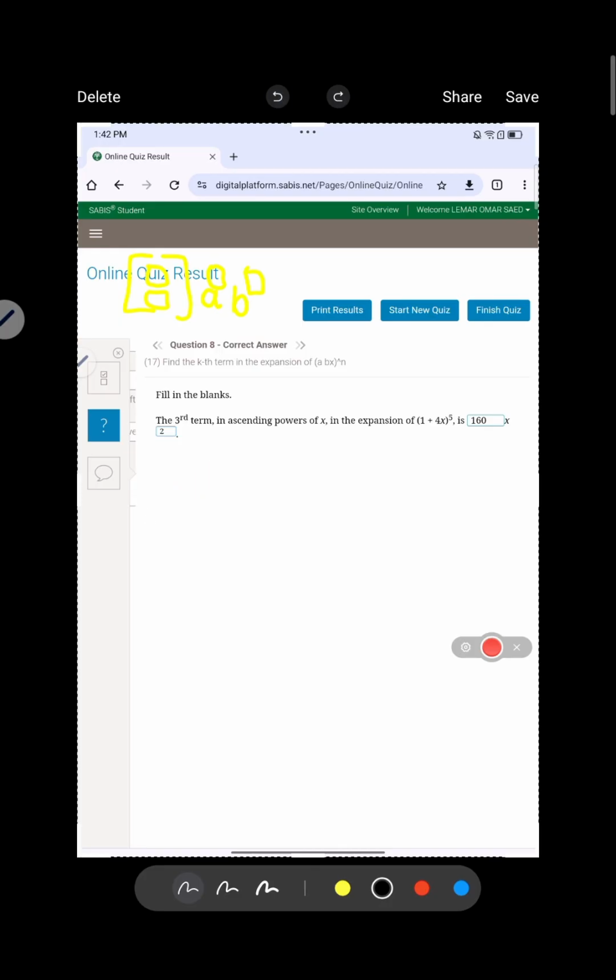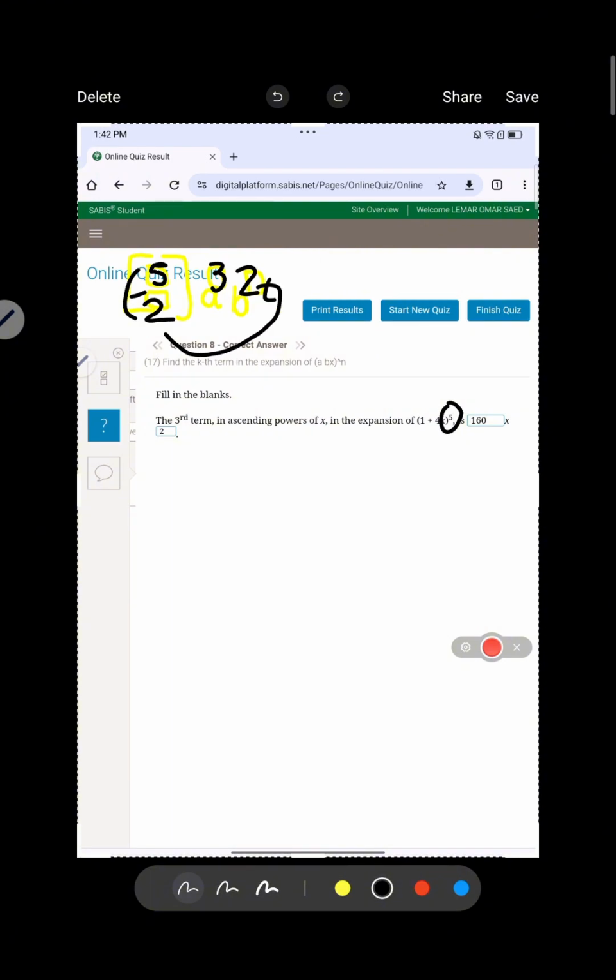Okay. Like I said, you have to put the power here. Now they said the third term. The third term was number 2, so you put it here. Okay? And then this minus this. This minus this is equal to 3, so you put it over the A. And this goes here, so 2. Okay.